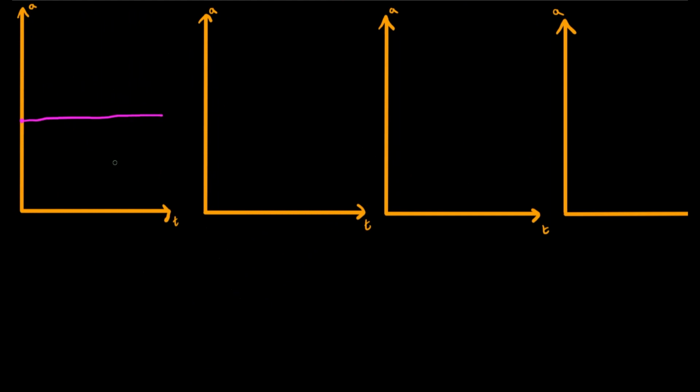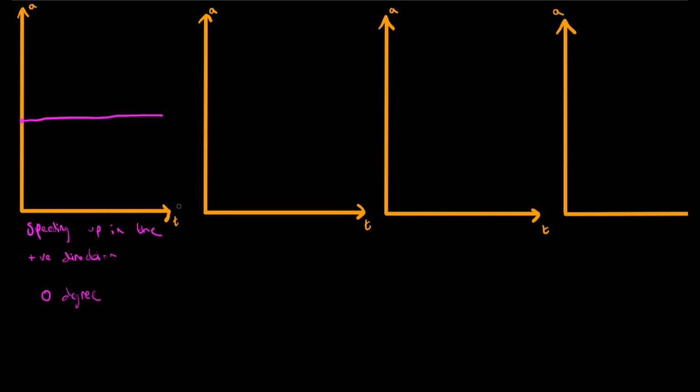So for the first case, it's going to be speeding up in the positive direction. So speeding up in the positive direction. So instead of writing positive, just write plus ve direction. Now, obviously, since it's a horizontal line, it will be at 0 degrees.